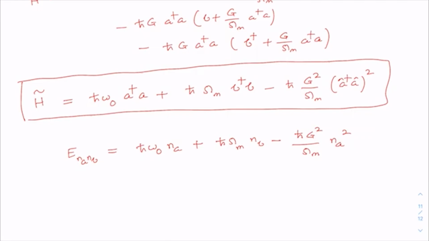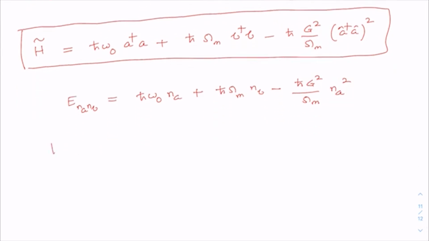Okay, now from here we see that the effect of the optomechanical interaction is to make the harmonic optical oscillator anharmonic. Because the oscillator is no longer a linear harmonic oscillator, it has become nonlinear, and this form of nonlinearity is known as Kerr nonlinearity.